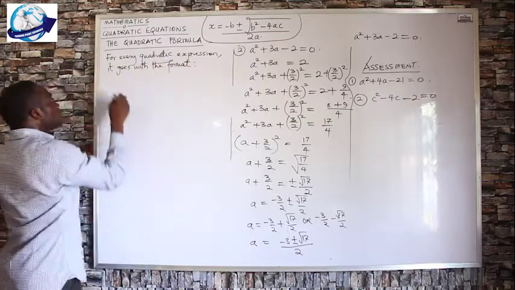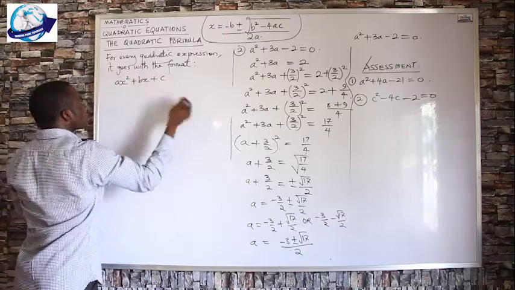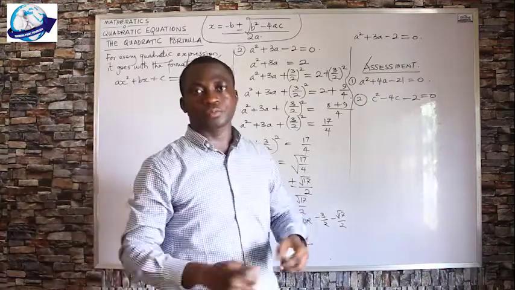And what's the format? We have ax squared plus bx plus c, let us set it equal to 0. So this is the general form of every quadratic expression.